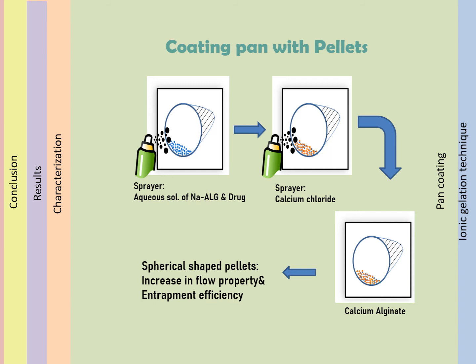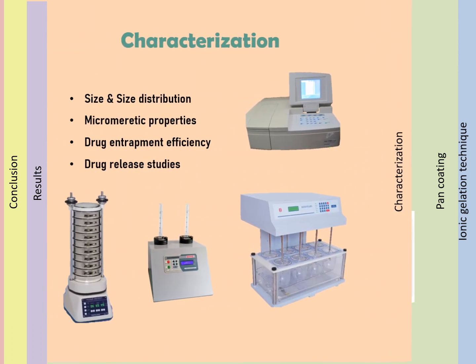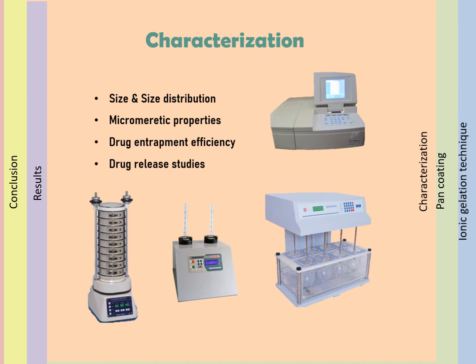Now we compared the physical and performance parameters of the beads prepared by the traditional ionic gelation method as well as the proposed method. The first property which we analyzed is size and size distribution.